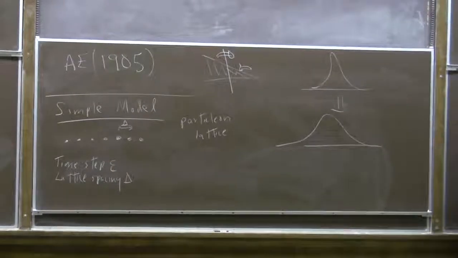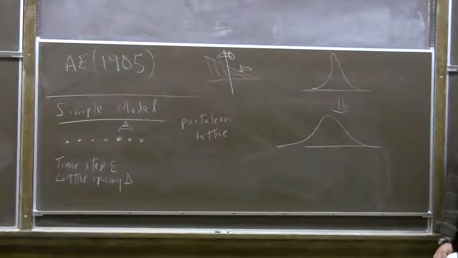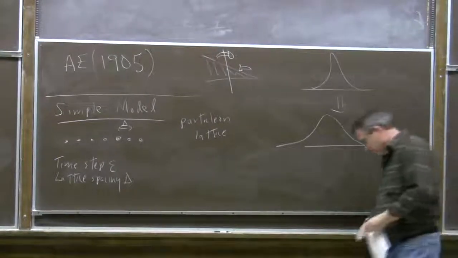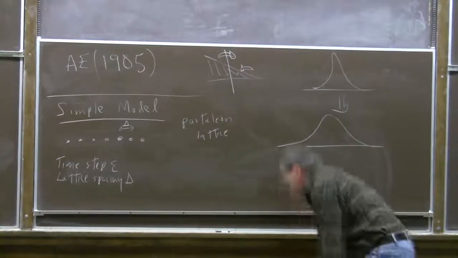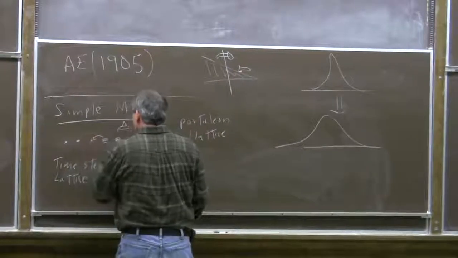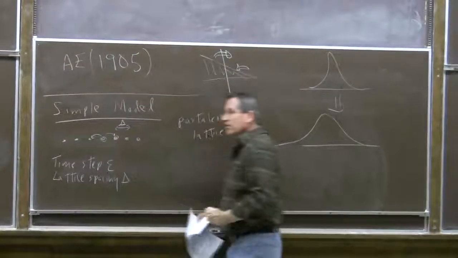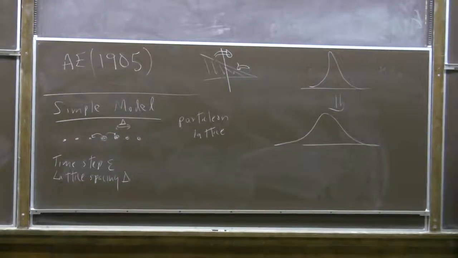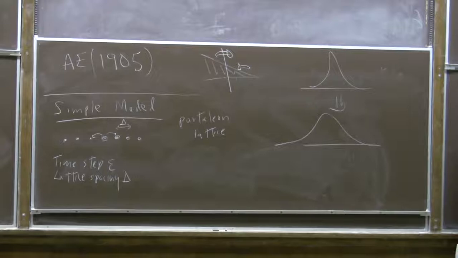And every time step epsilon, the particle is going to decide to either hop from its current position to the side on the left or the side on the right. So it always hops by one lattice spacing, but it's indifferent about whether it hops to the left or to the right.